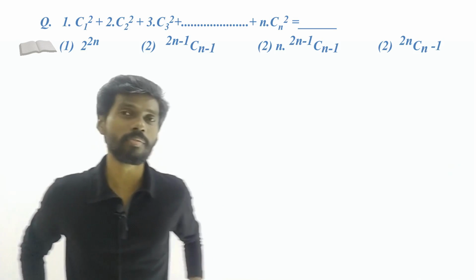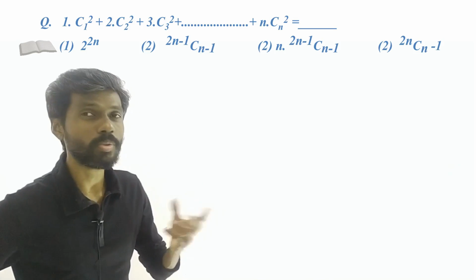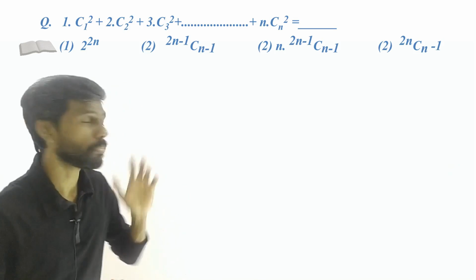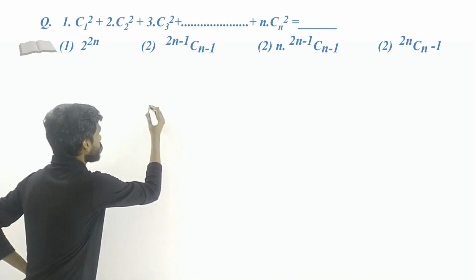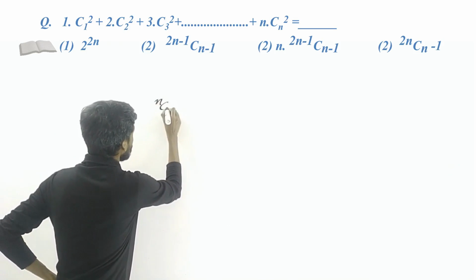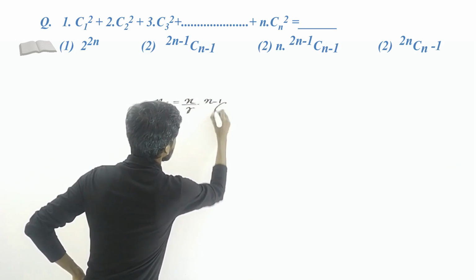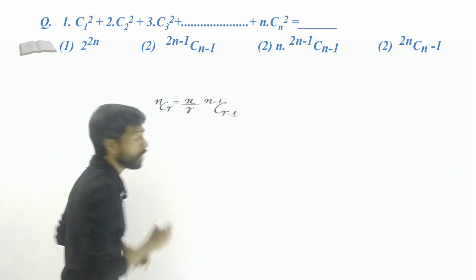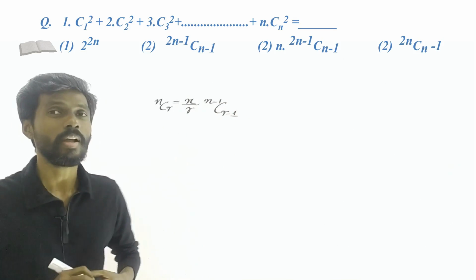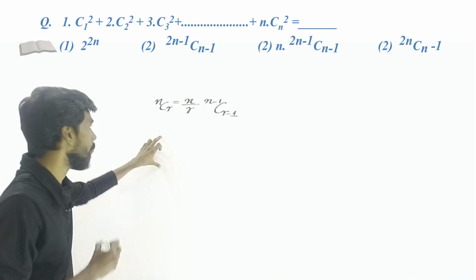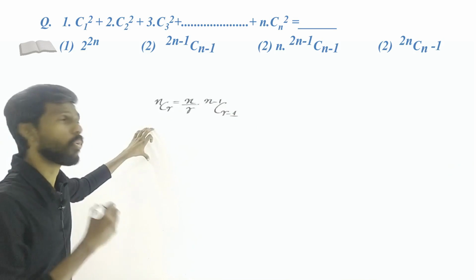We did it by two methods, if you remember. We used the differentiation method, and also we used this particular formula. We know this formula, ncr equals n by r multiplied by n minus 1 c r minus 1. This formula we used to simplify these terms. Now in this question, what is the general term?